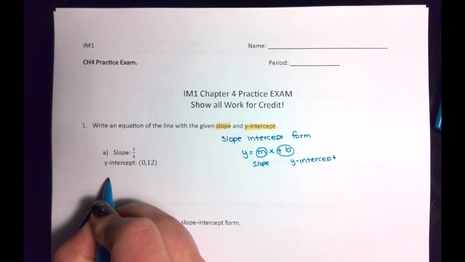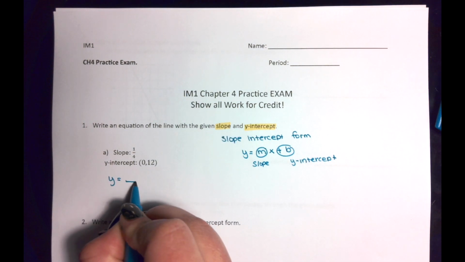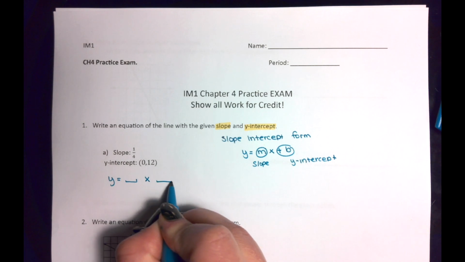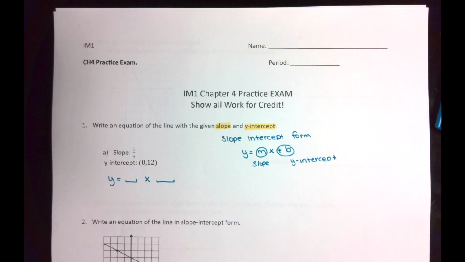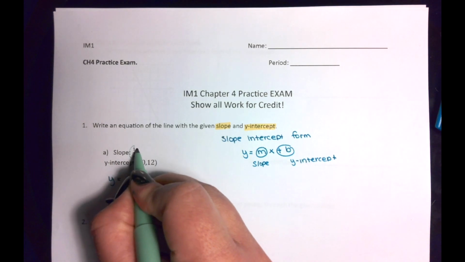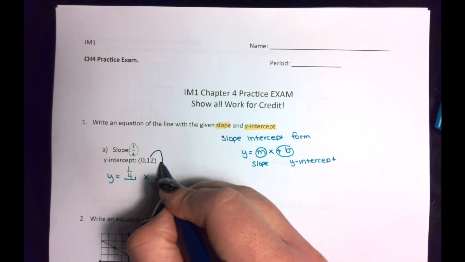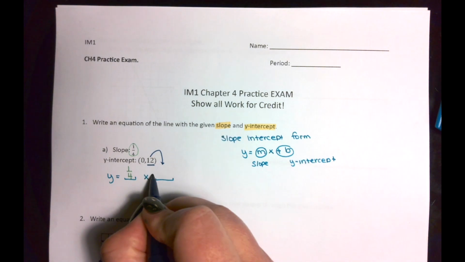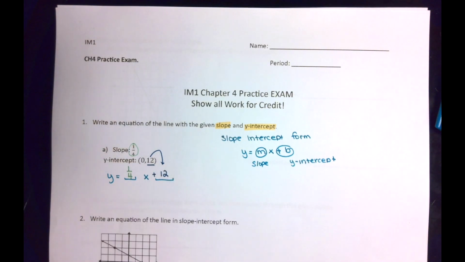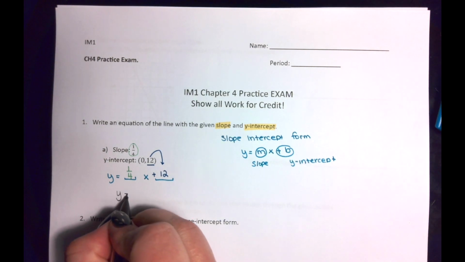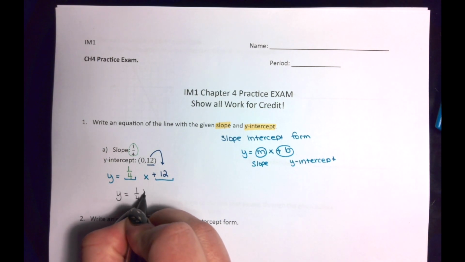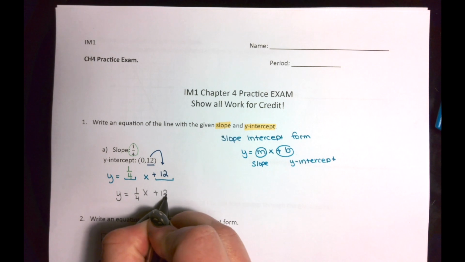So we have y equals mx plus b here. Our slope is 1/4. Our b is the second number of positive 12. So for our answer, we have y equals 1/4 x plus 12.